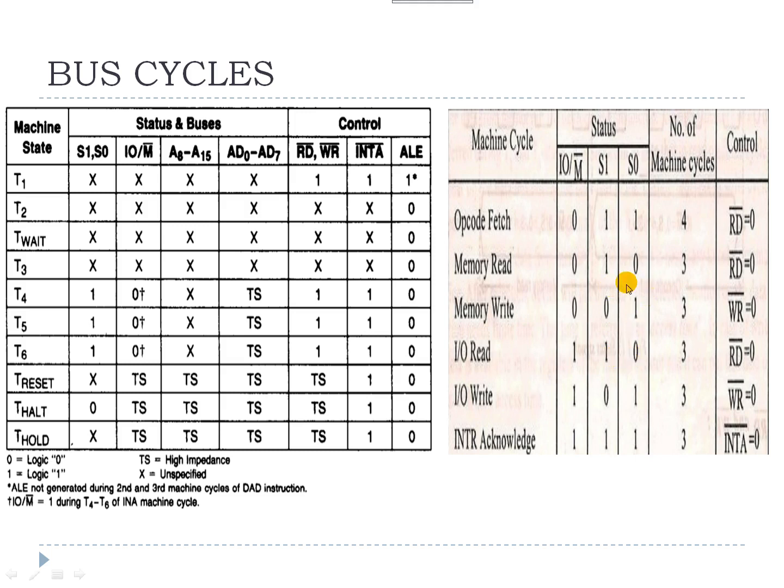You can notice here also this is read, and this is also read, so you have 0 1 and 0 1 here. This is write and this is also write, so you have 1 0 and 1 0 here. Another thing to notice is that the input output per memory bar signal will be 0 0 here, because these two signals are memory cycles, and these two signals are input output cycles, so you will have 1 1.